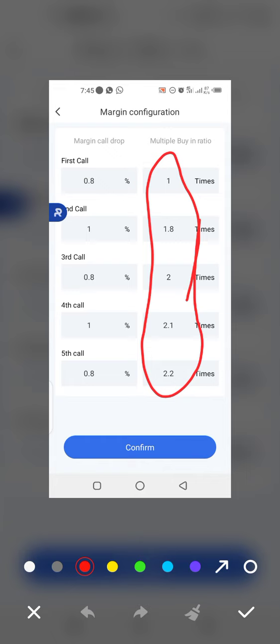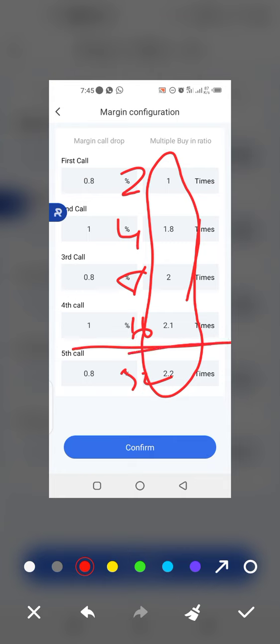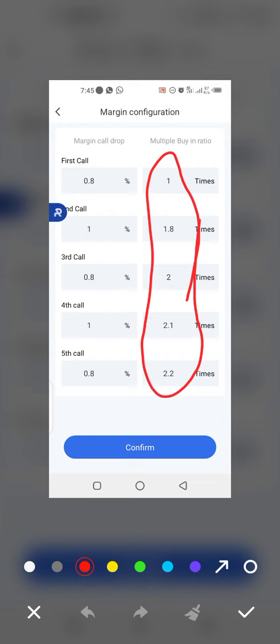Maybe you put a 2 here, a 4, an 8, a 16, a 32, if you have the money. Especially for 16, if you put 15 as the first buy amount, this will serve you best. But if you don't have close to $500 to pick up this trade, then you can use normal methods. You can use a +1, maybe a 1, a 2, a 3, a 4, a 5.